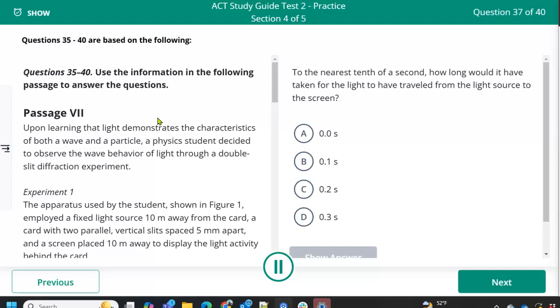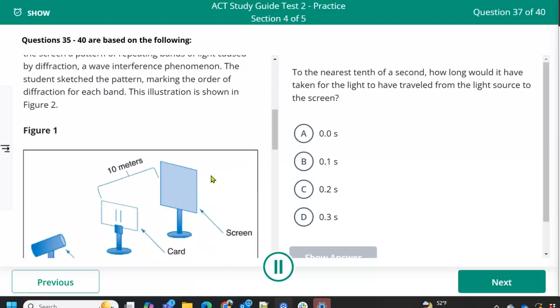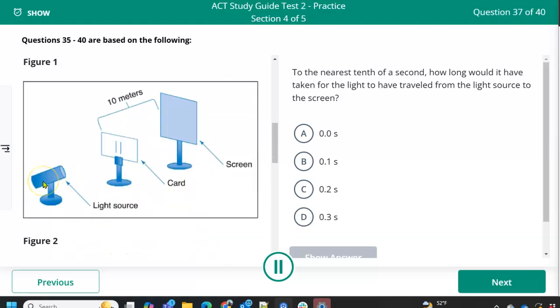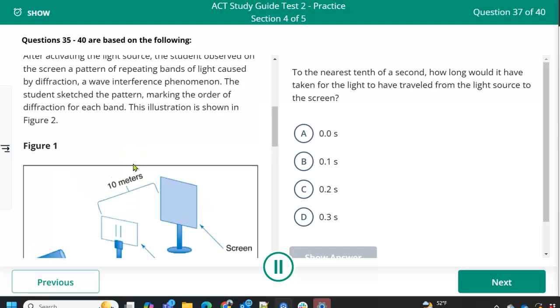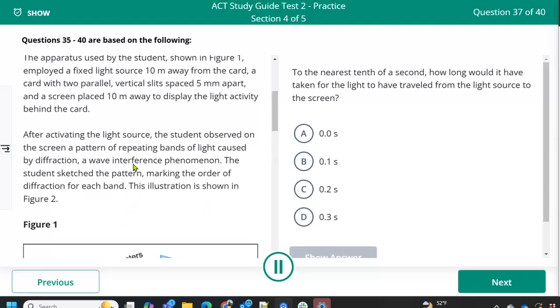To the nearest tenth of a second, how long would it have taken for the light to have traveled from the light source to the screen? The light source to the screen. Well, it's just 20, I guess from here to here is 10 meters, here to here is 10 to 20 meters. The thing is, light is really fast.